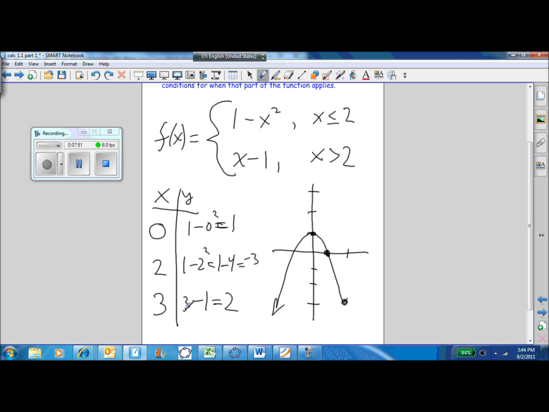Sorry. When you put 3 in, you get 2. When you put 2 into this rule, you get 1. 2 goes to 1, but we put an open circle there, because we only get the half line. We only get a half line in this part. We only get part of a parabola over here. And that's what happened with the pieces here, forming sort of a disconnect between these two parts of the piecewise function.